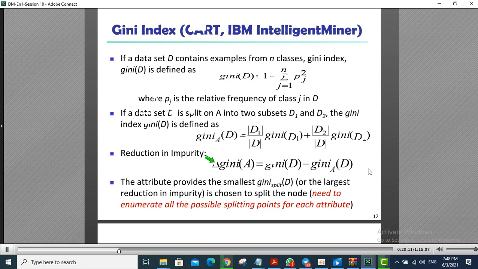The attribute that reduces the impurity of my decision higher than the rest. So reduction in impurity is important for me to create a CART classifier.